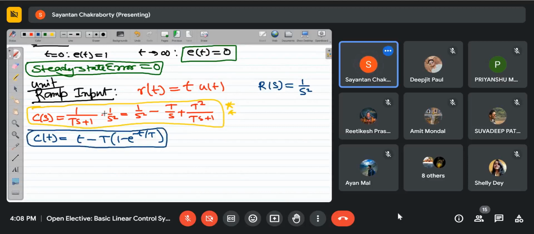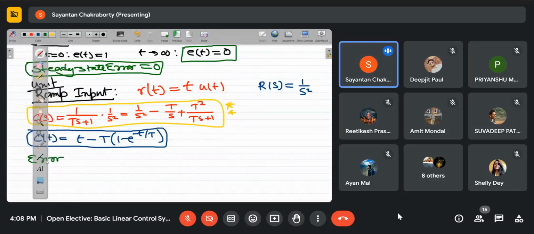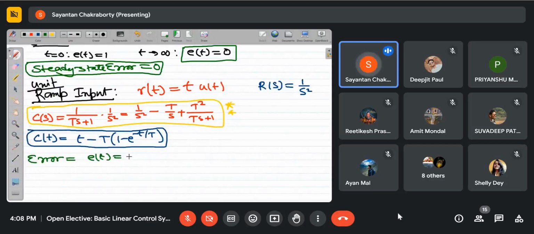Right? So what is the error? Here you have to consider the error. e(t) equals r(t) minus c(t), t minus t plus, so this t and t cancels out, so your e(t) becomes something.